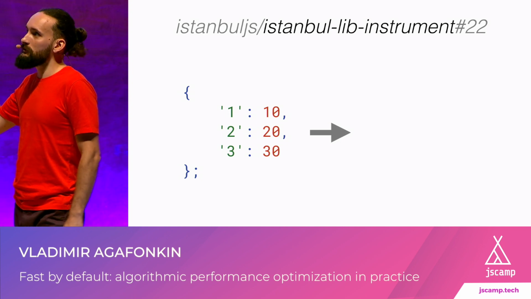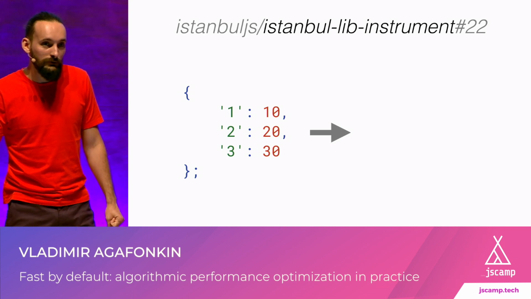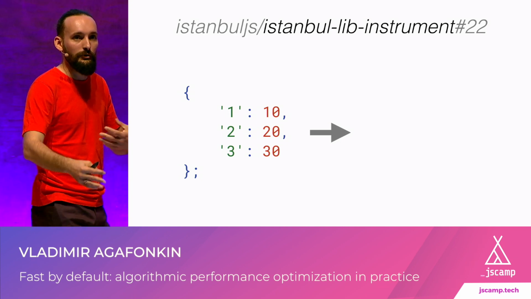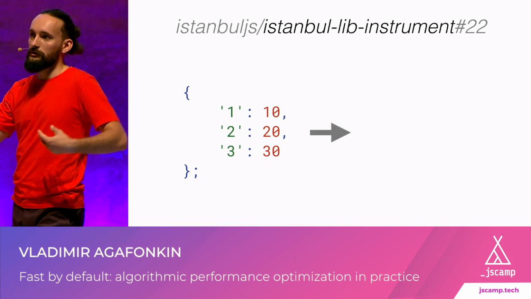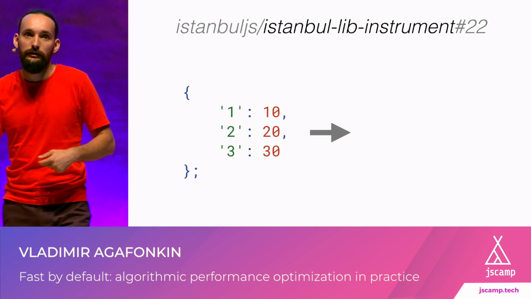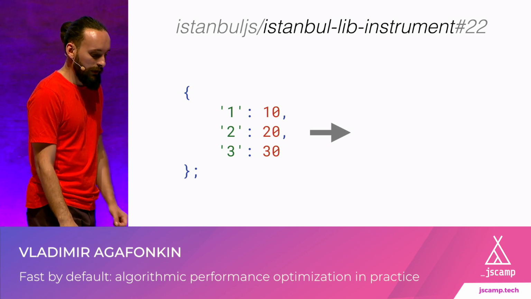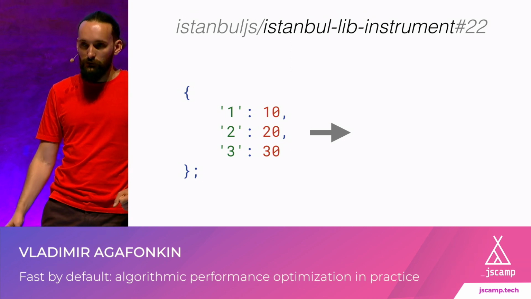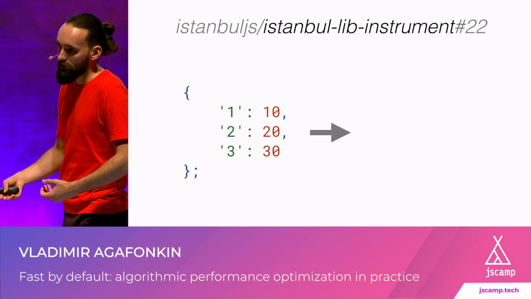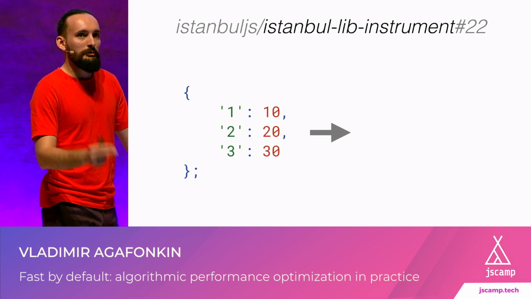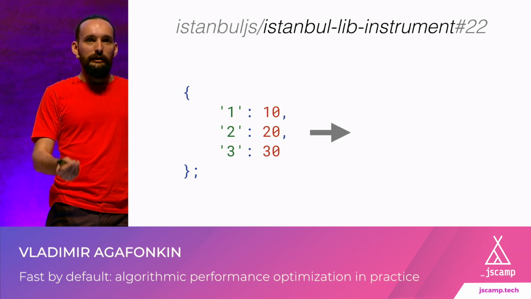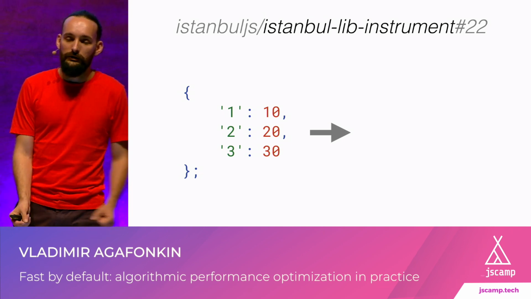So there was a library called Istanbul for instrumenting code and generating code coverage. It evolved into a project which is very popular now called NYC, New York. And this instrumentation was really slow for our project. It was a huge project, and generating instrumentation was many, many times slower than running tests on its own.